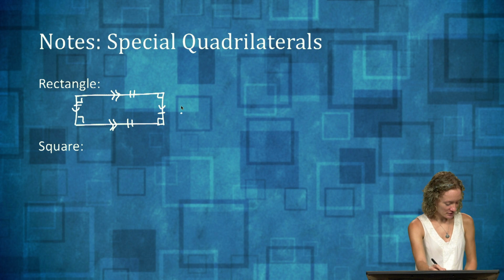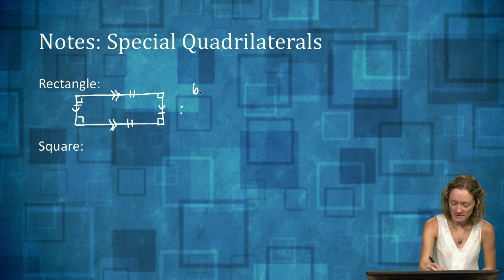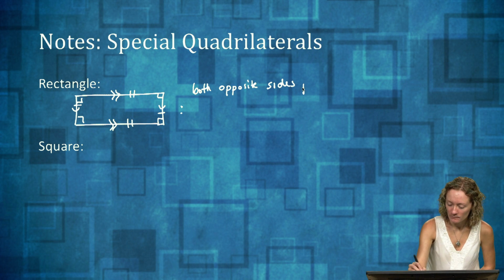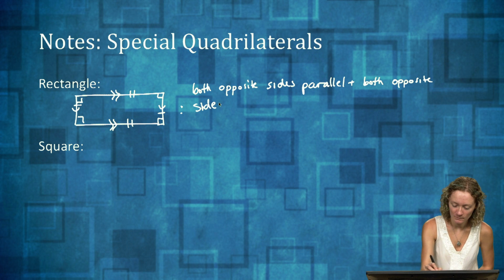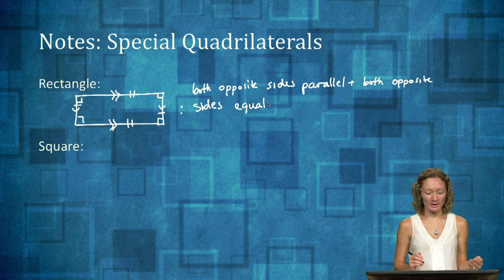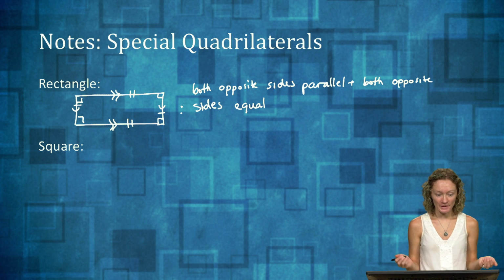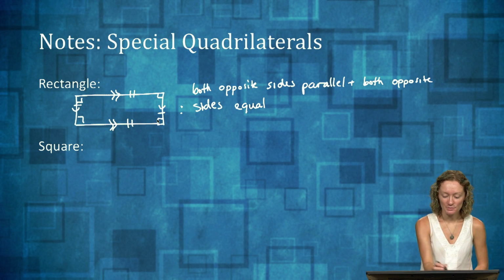Here we go. Criteria to be a rectangle. Both opposite sides parallel. And both opposite sides equal. This was the criteria for even a parallelogram. So what's the additional thing that makes this special are these right angles.